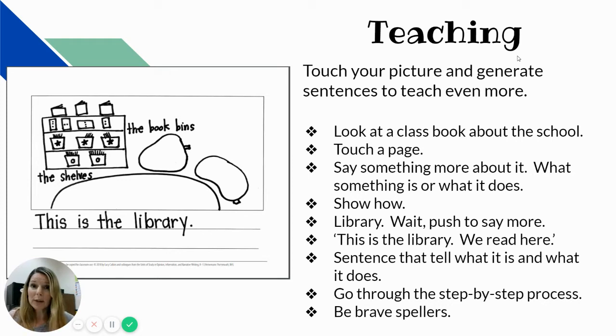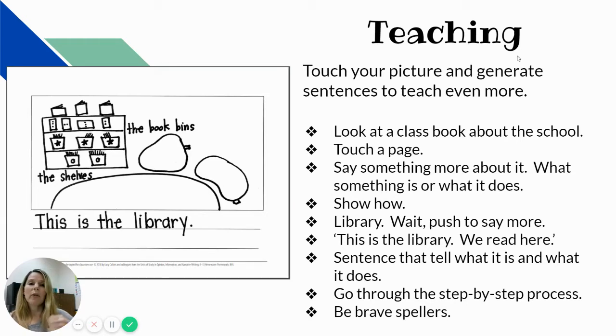Do you read in your library? Yes. So those are two sentences I can write on my page. This is the library. We read here. So that sentence tells what it is and what it does. So we're going to write those sentences on our page together.